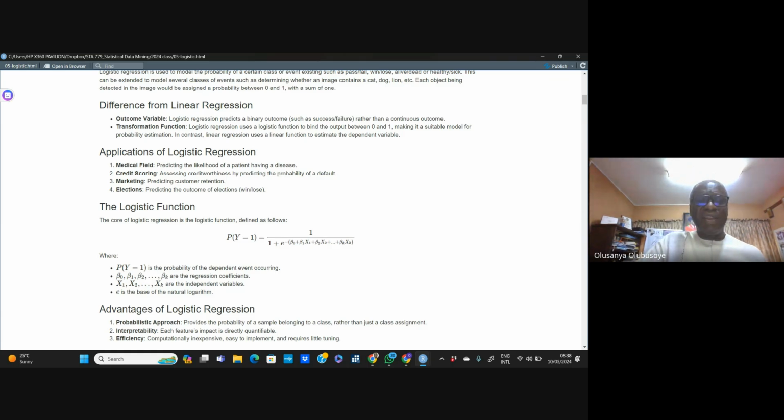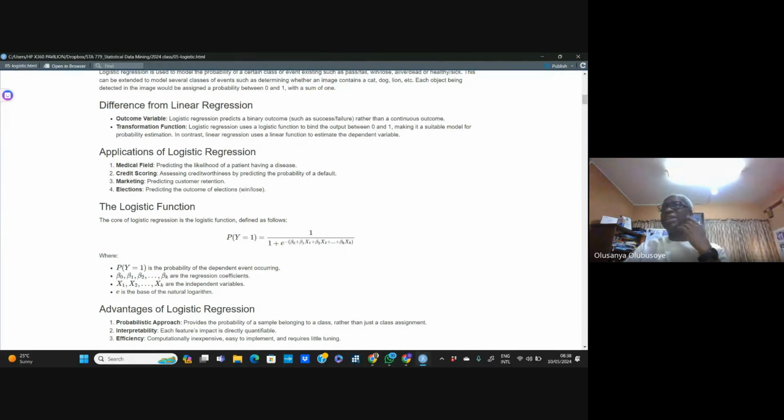So the probability of y equals 1 is the probability that the dependent variable will take the level that we consider to be success.